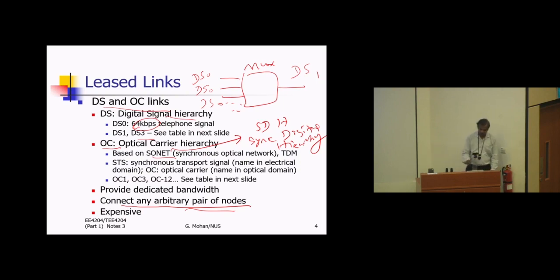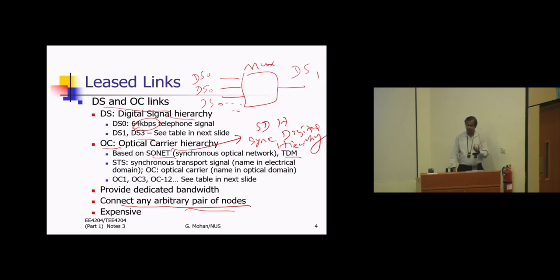It uses TDM, time division multiplexing, fixed TDM, and the transmission is in optical form when it is propagating through the optical fiber. But when you prepare the frame and other things at the end node, it is in electrical form.